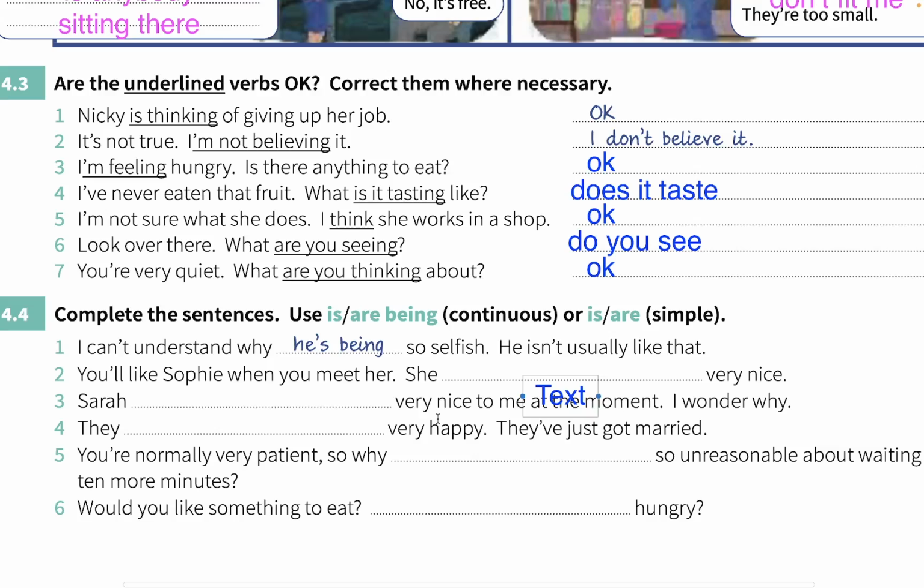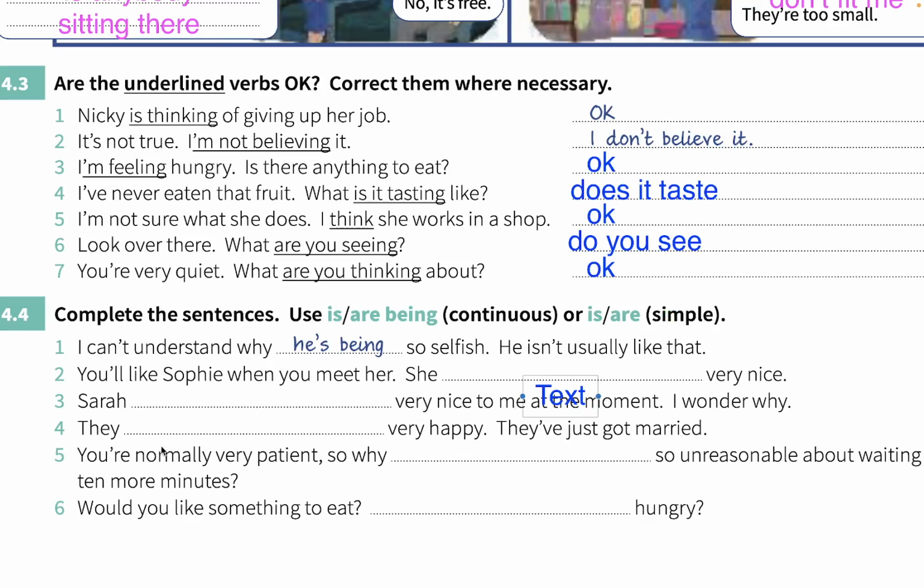So exercise 4.4, we are going to complete the sentences. We are going to use is or are plus being in continuous, or is and are in simple.